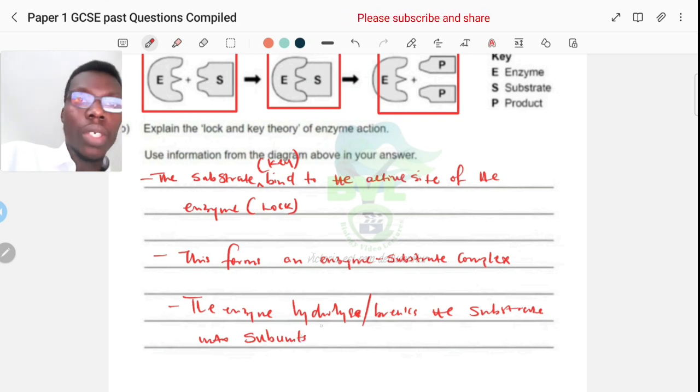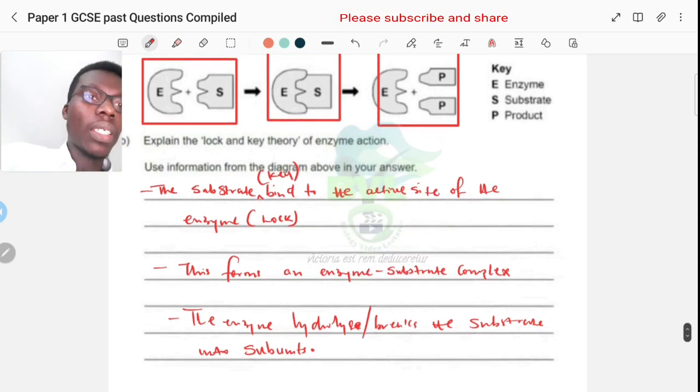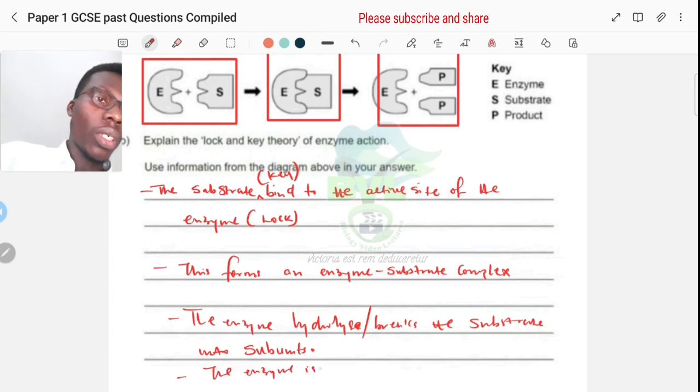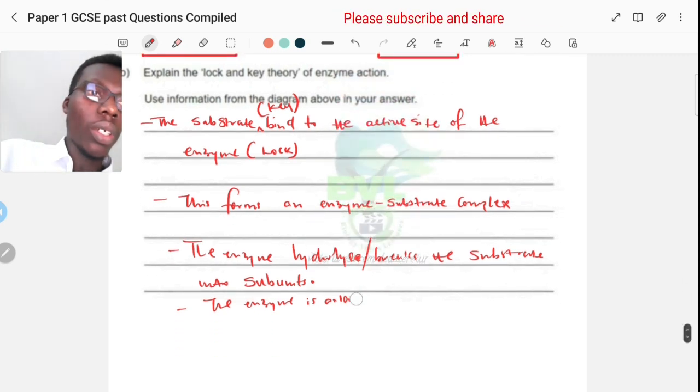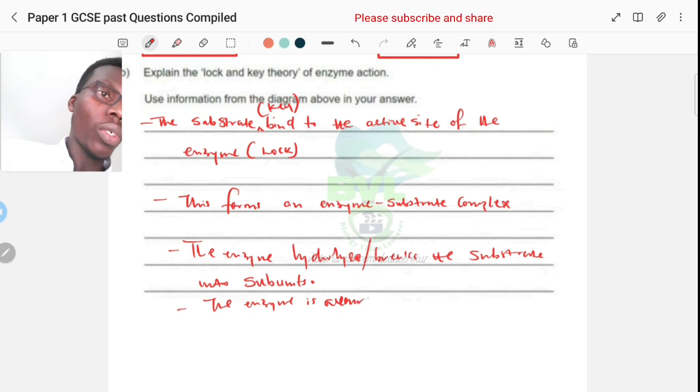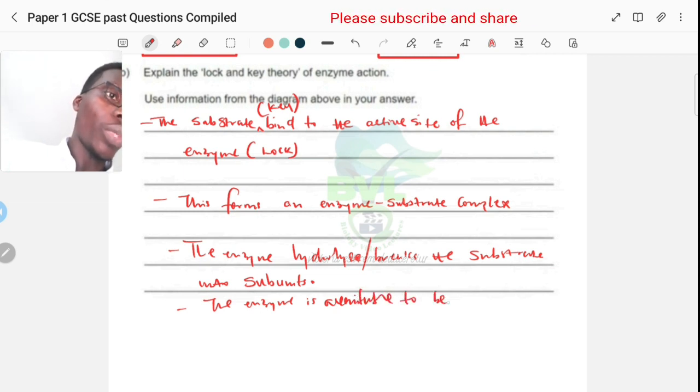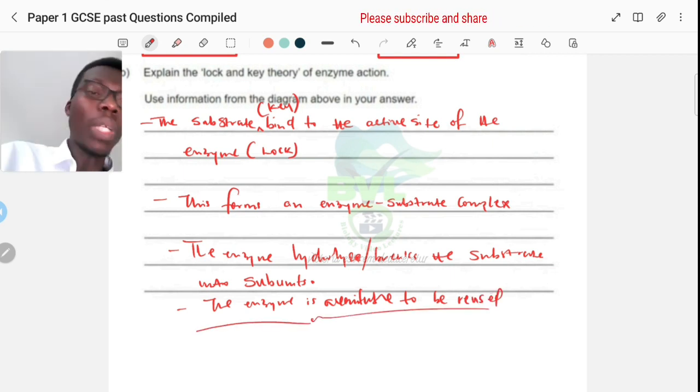Then we can say that the enzyme is available to be reused. So that explains that.